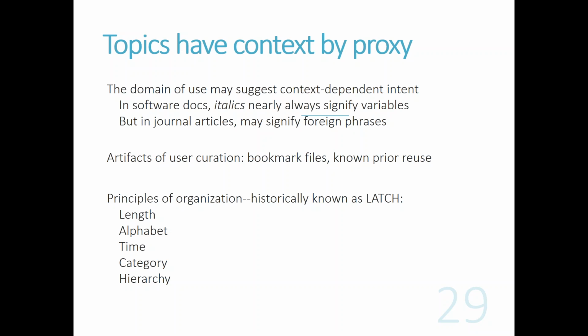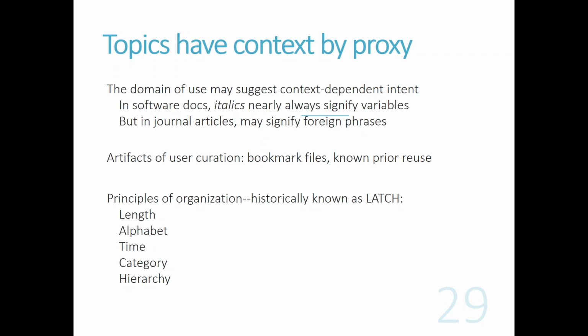Whereas in a journal article, when you see a phrase in italics, it may represent either simple highlighting, emphasis in that context, or it may actually indicate a foreign term that's been italicized per style guidelines. And so each of those contexts are different, and that's an example of context-dependent intent on the markup.